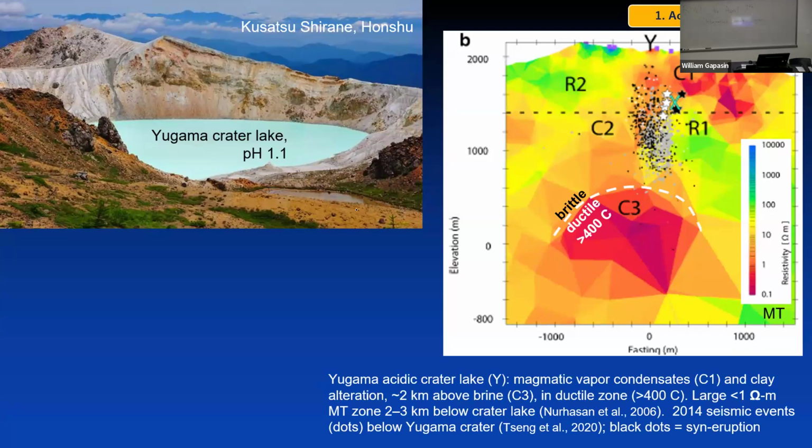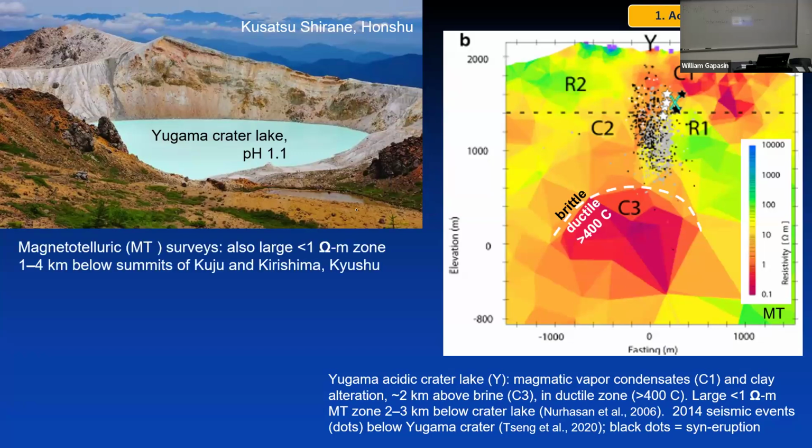And let's see, black dots are syn-eruption. So syn-eruption, there was seismic activity through here, stopped basically at the top of that high temperature zone, or I should say where they end is where you're now going to ductile behavior. The gray, I can't remember if the white are pre and the gray are post eruption seismic activity. So there's a huge hydrothermal system at 1.5 kilometer depth below that volcanic environment, and at times it'll erupt magmatically as well.